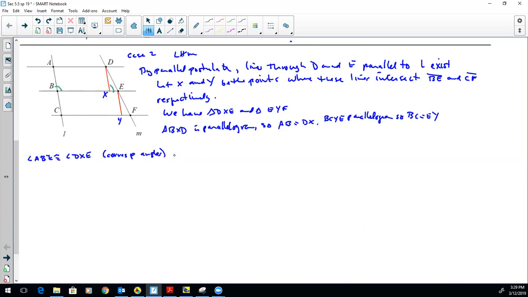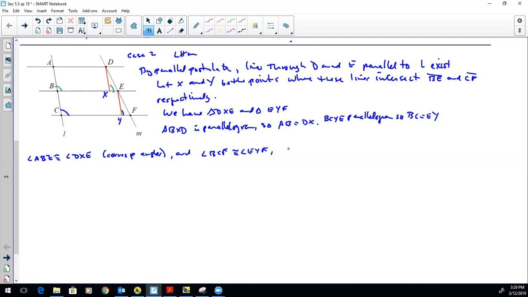Okay, and for the same reason, this angle at C, BCF, and EYF are congruent. BCF and EYF.